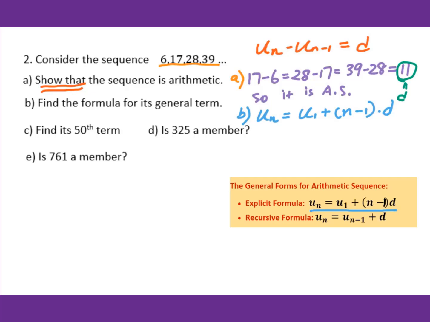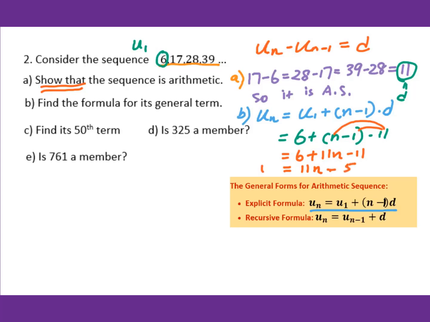And U sub 1, that's 6. Therefore, we got 6 plus n minus 1 times 11. Then you simplify. Distributive property, you got 6 plus 11n minus 11. That's 11n minus 5. That's U sub n.